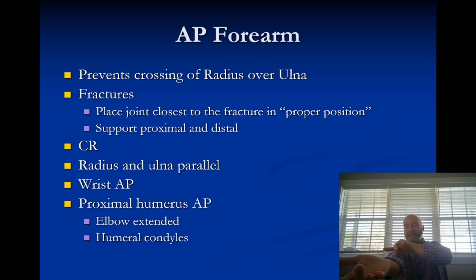It takes the two bones that are kind of parallel to each other, takes the radius, the bone on the lateral side, and crosses it over the ulna. We might get a little bit of a turn up here from the shoulder, but most of our rotation happens right there, and it crosses those two bones over. So we do AP to prevent that, if at all possible.